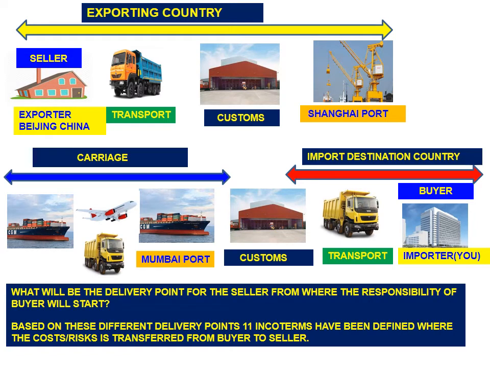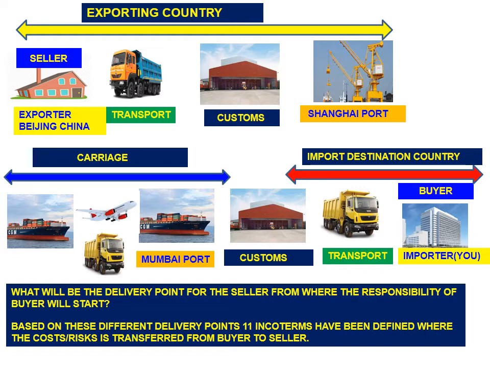You all know that there is an exporting country, there is an importing country. Let us say the seller, that is the exporter, is in Beijing, China. He has to export some inverters to a buyer in Pune. So how does he do this? There are various steps involved.